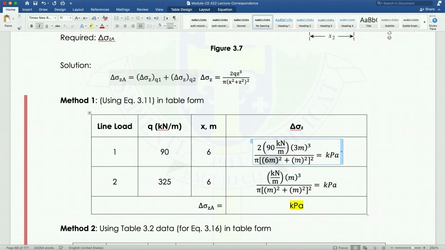Then we have here naman, next we have the z, we have 3 squared. Okay, then raise it to the third power. So bring out your calculator and let's try to solve.